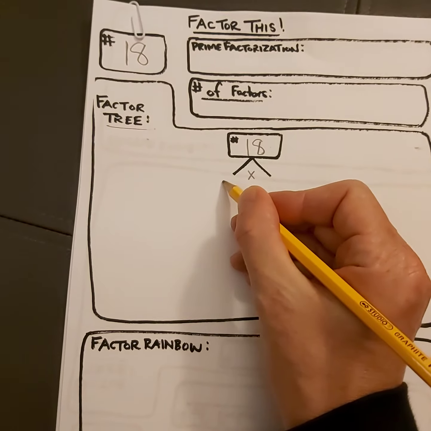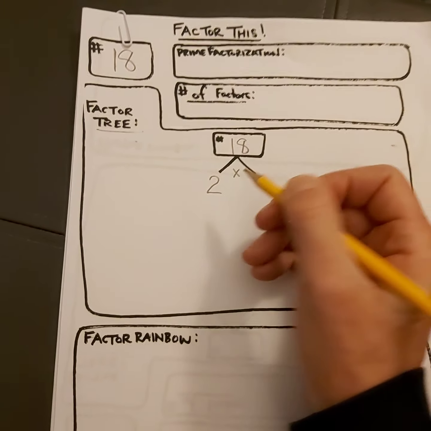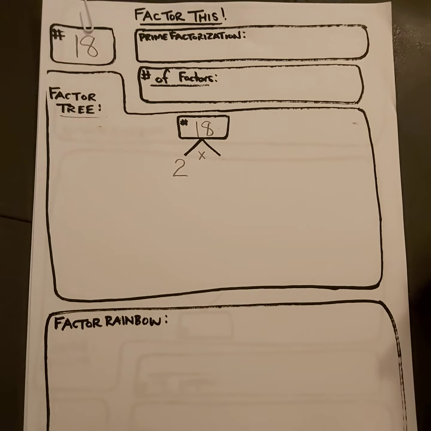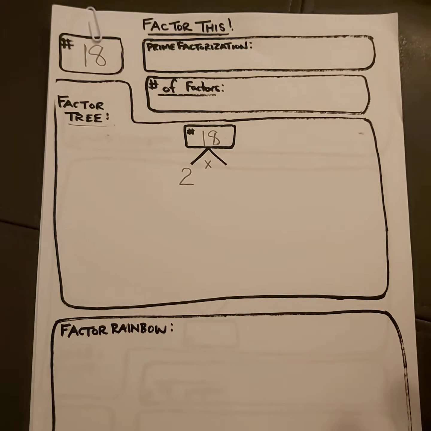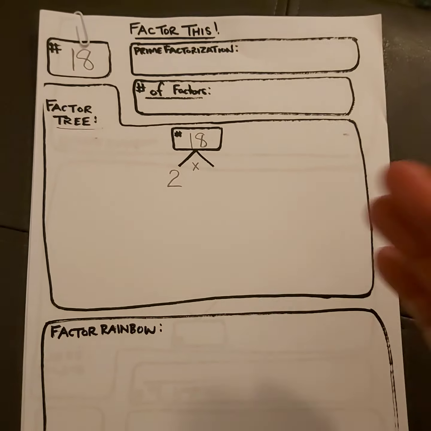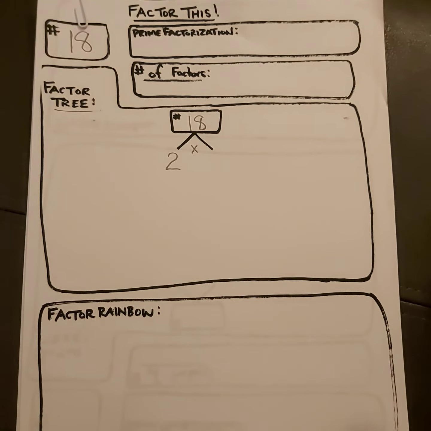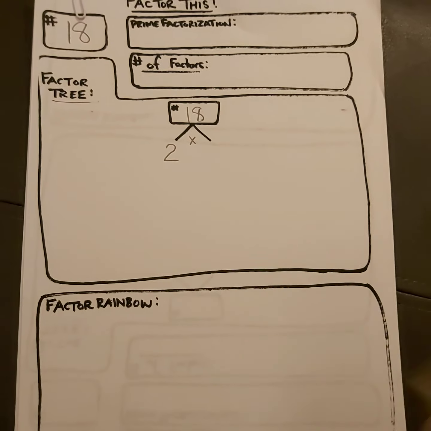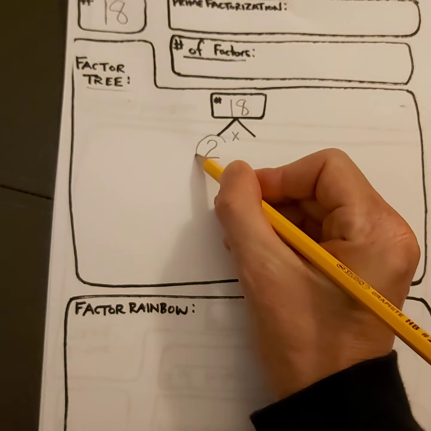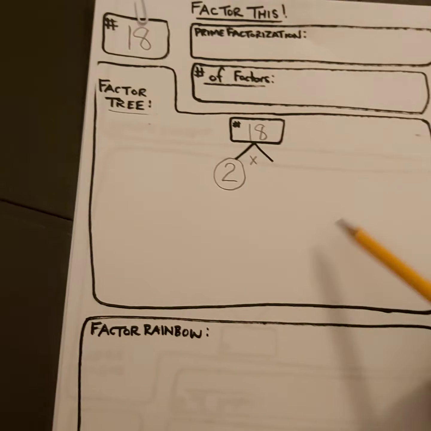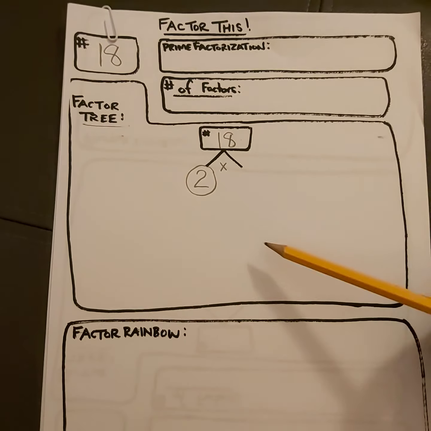So the first number I'm going to add to the factor tree is 2. This is cool because if you look at your list of prime factors, you'll see that the number 2 is a prime number. So we're going to circle that. That means on this factor tree, we don't need to go any further.